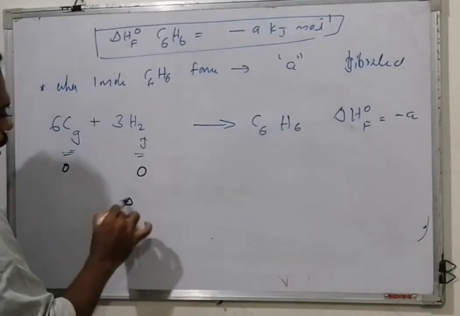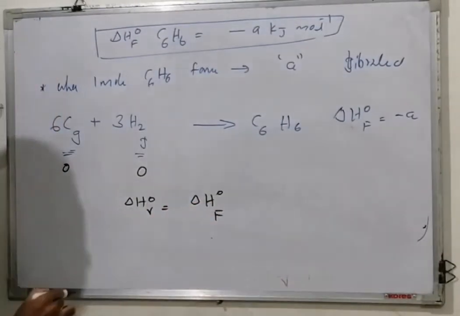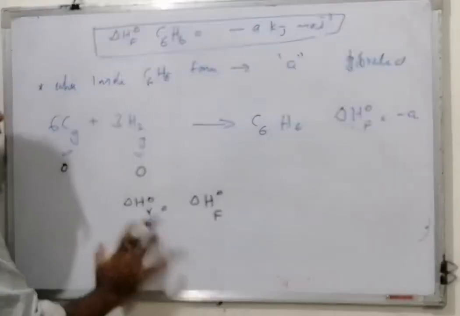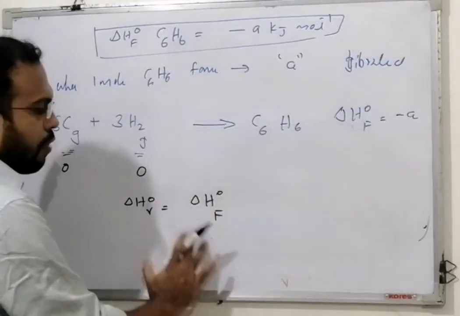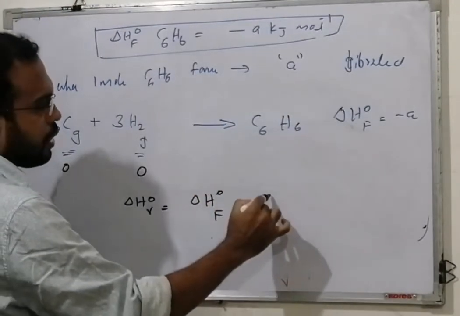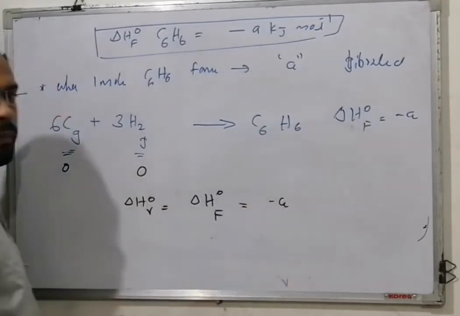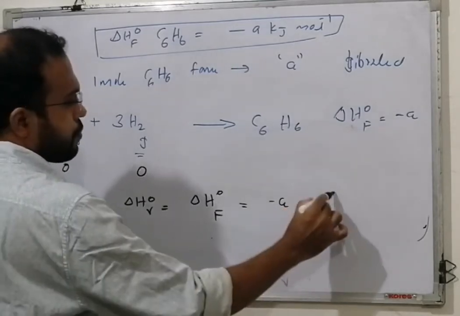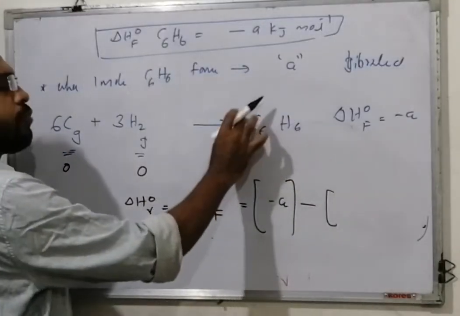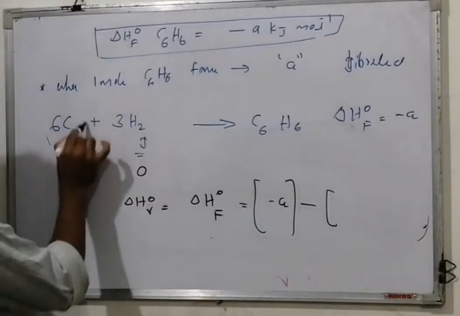In this reaction, delta H0 reaction is equal to delta H0 formation of benzene, because in this reaction only one product is obtained, that is benzene. Therefore, this is equal to minus A, because delta H0 formation of benzene is already given. What is the delta H0 formation of carbon?